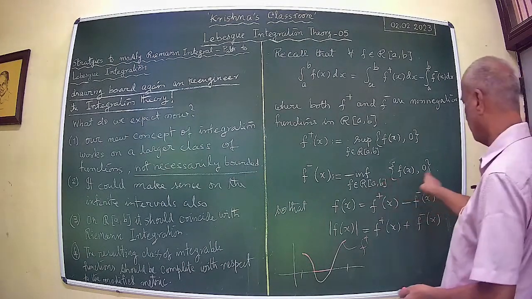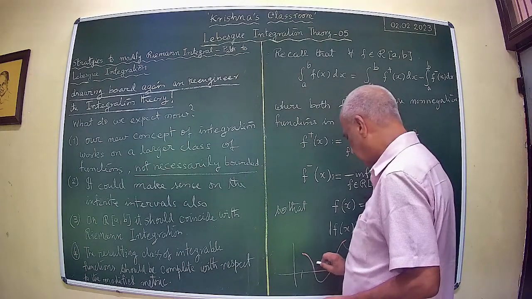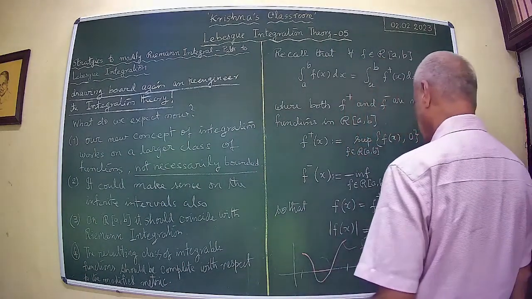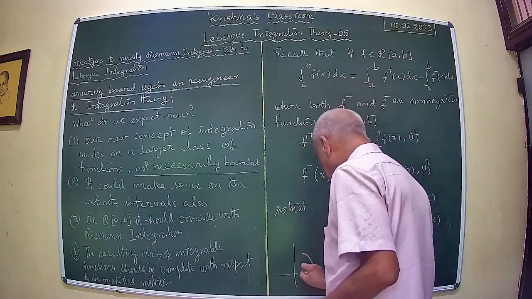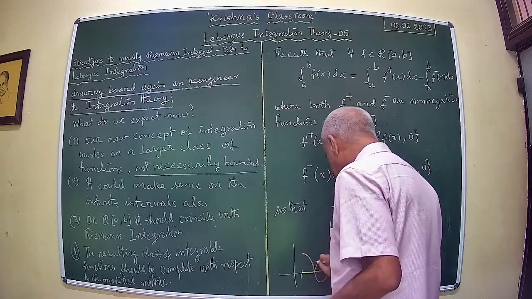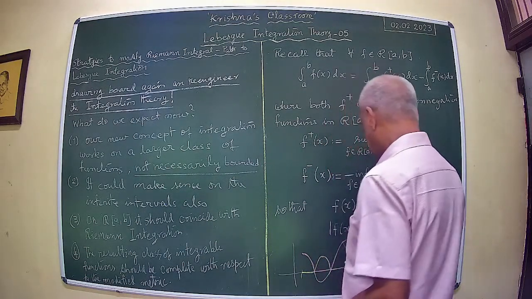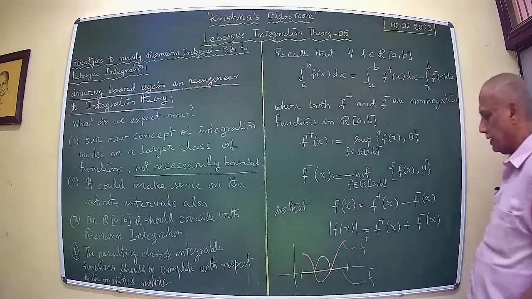The f minus is minus of the infimum. What you do is you take the reflection of this. So the function f minus is going to be this. So this is your f minus. Okay.